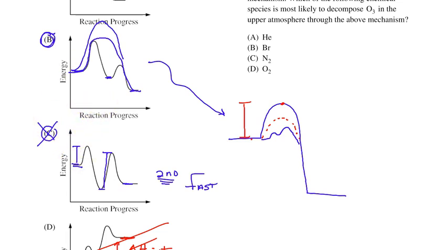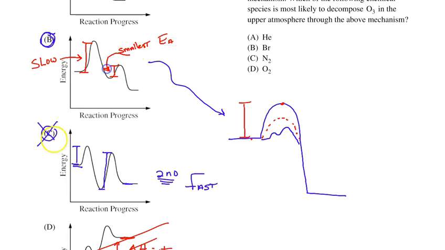So it would make sense that this is the best answer. Let me clean this up because it makes sense that this would be the best answer because the slowest step, okay, would have the largest activation energy, and the fast step would have the smallest activation energy, or E of A, okay, right here.